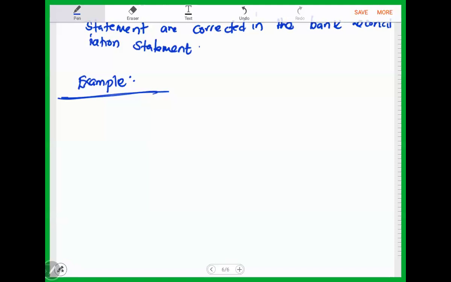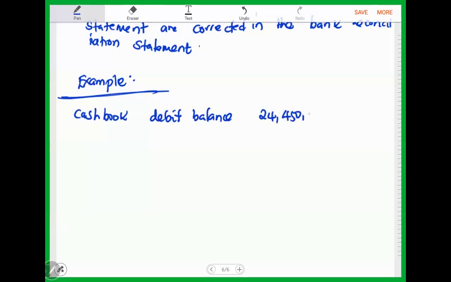The accounts assistant of Money Limited had just completed preparing the draft financial statements for the year ended 31st December 2012. On the same date, the cash book showed a debit balance of 24,450,000.